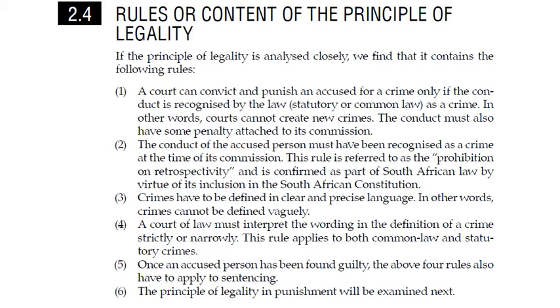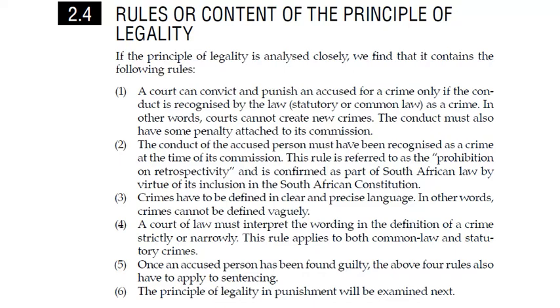The conduct must also have some penalty attached to its commission. The conduct of the accused person must have been recognized as a crime at the time of its commission. This rule is referred to as the prohibition on retrospectivity and is confirmed as part of South African law by virtue of its inclusion in the South African Constitution.